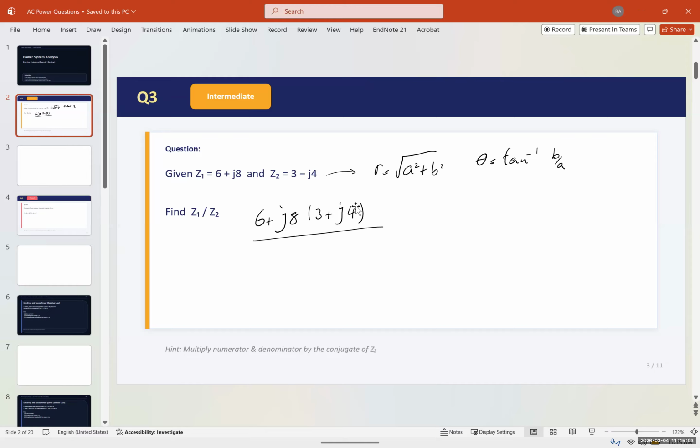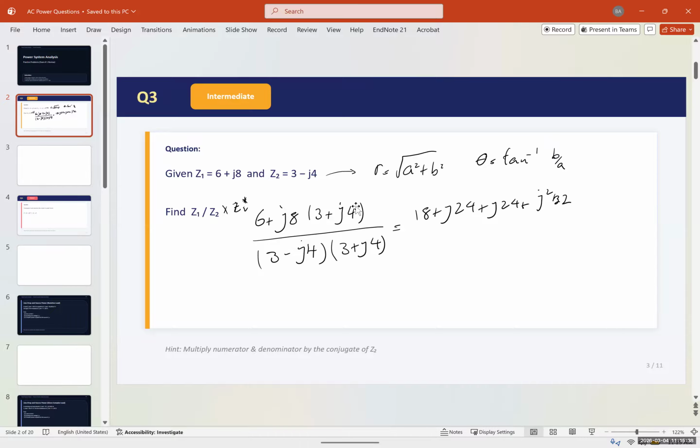So it's going to be 6 plus j8 times 3 plus j4 divided by 3 minus j4 times 3 plus j4. Both sides are multiplied by Z2 conjugate, the numerator and the denominator. And when we do that, we're going to get 18 plus j24 plus j24 plus j squared 32.